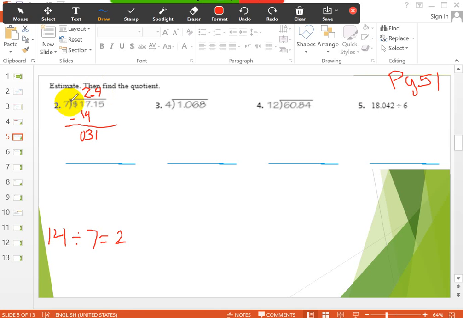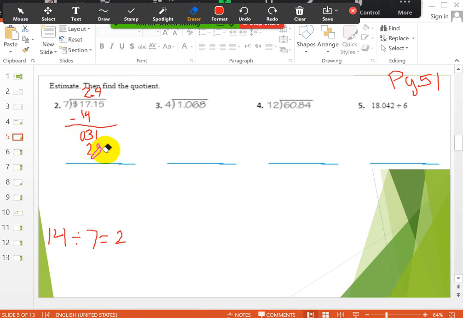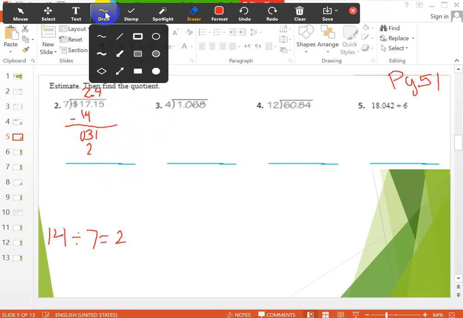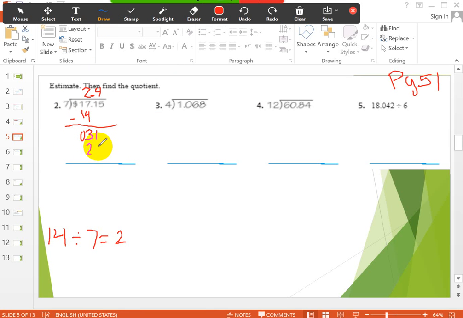Now 4 multiply 7 equals 28. So I will write it here, 28. Then I will subtract.